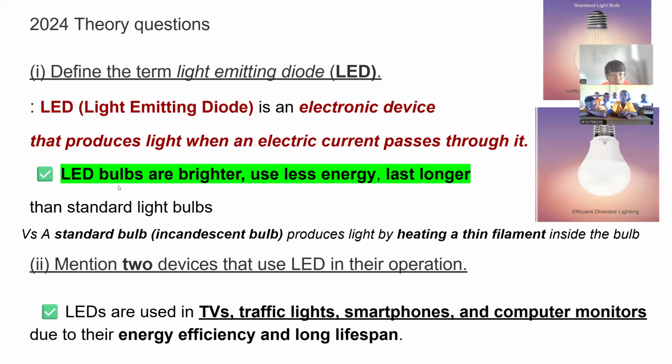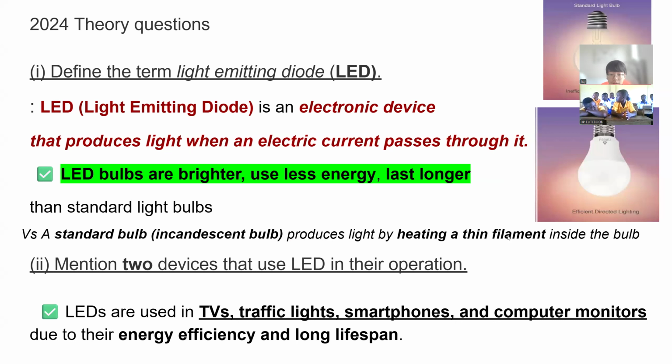The difference between standard bulbs and LED bulbs is that LED bulbs are brighter, they use less energy, and they last longer. A standard bulb produces light by heating a thin filament inside the bulb, while an LED bulb produces light when electric current passes through it.